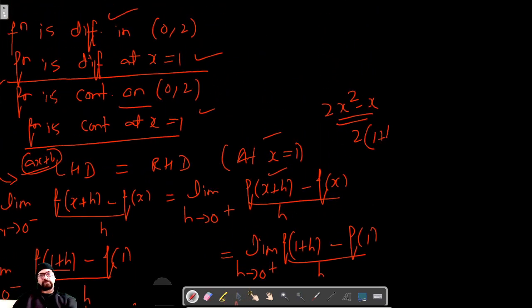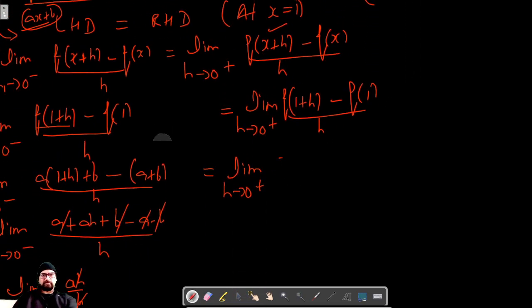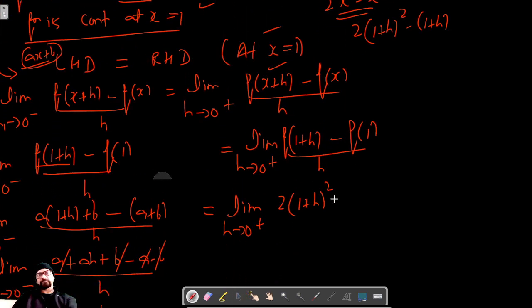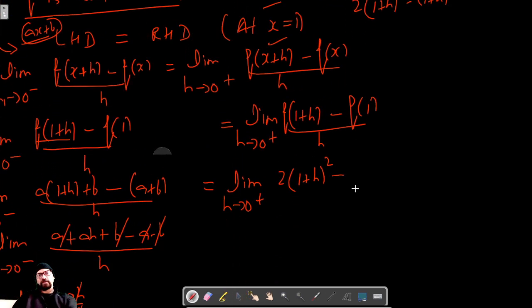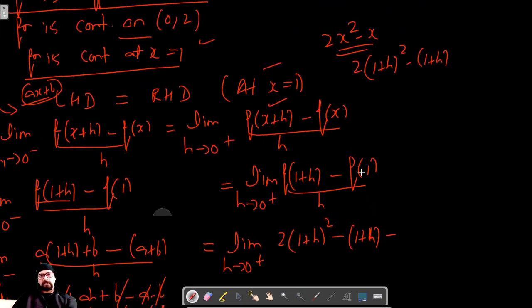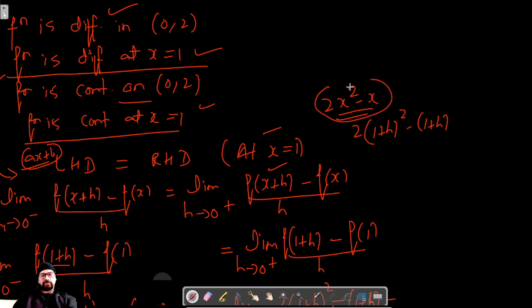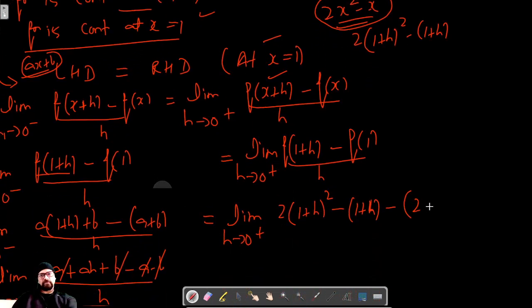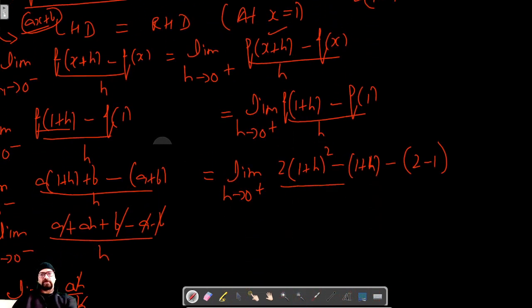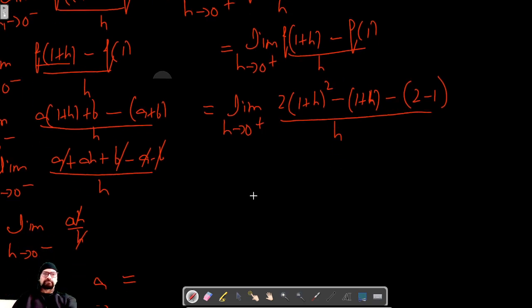So this is 2. Instead of x, we have to write 1 plus h. So this is 2 into 1 plus h the whole square minus 1 plus h. And function's value at x equal to 1 would be 2 minus 1, upon h.